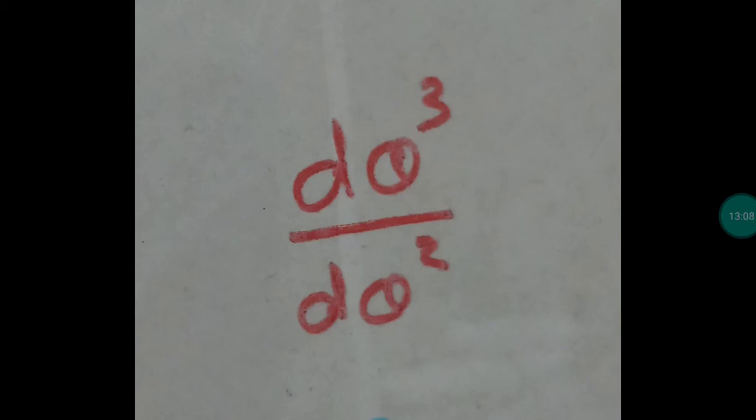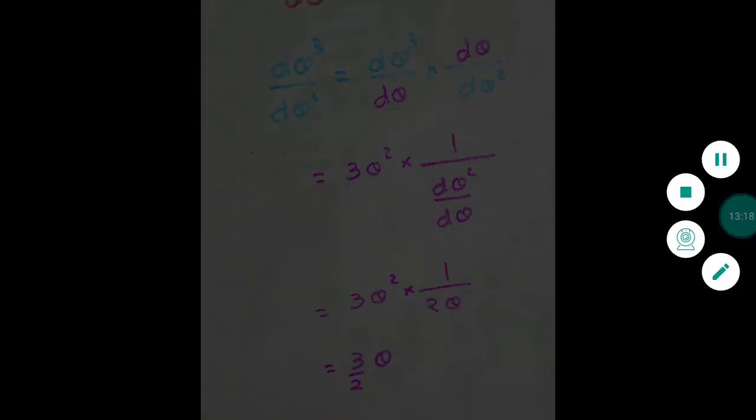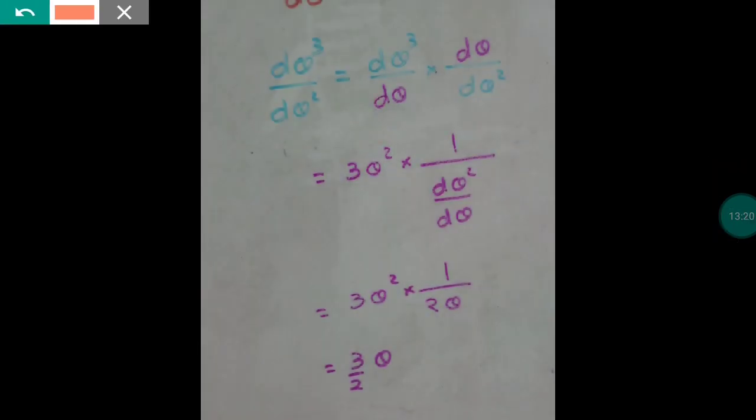So differentiation of theta cube with respect to theta squared. How is it done? See. Again, notice I have multiplied this term with d theta and again divided this term with d theta. Why? Because now this one, d theta cube by d theta, can be solved as 3 theta square, and this d theta now goes into the denominator of the denominator, and now you can solve this differentiation.